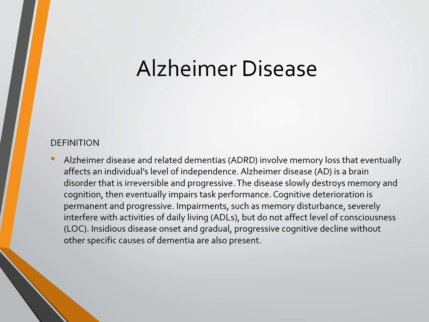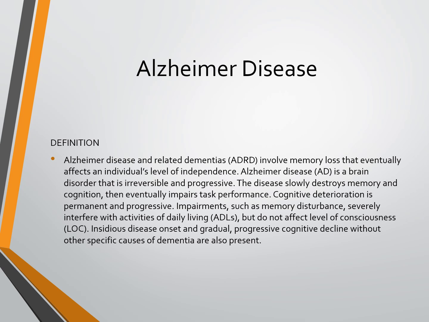Alzheimer's disease is defined as a disease related to dementia, which involves memory loss that eventually affects an individual's level of independence. Alzheimer's disease is a brain disorder that is irreversible and progressive.